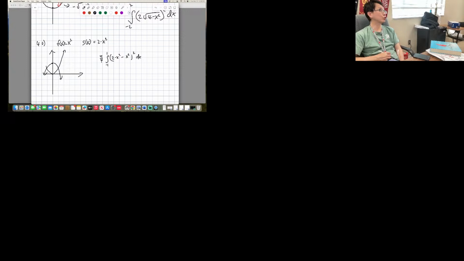Yes? 4b as well. It's an isosceles right triangle with one leg parallel to the y-axis, the other leg perpendicular to the xy plane. Okay, say that again. An isosceles right triangle with one leg parallel to the y-axis, the other leg perpendicular to the xy plane.